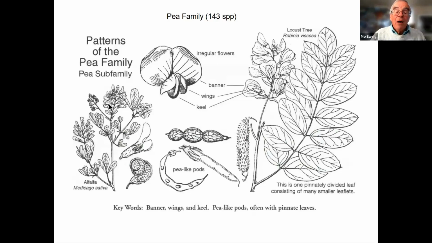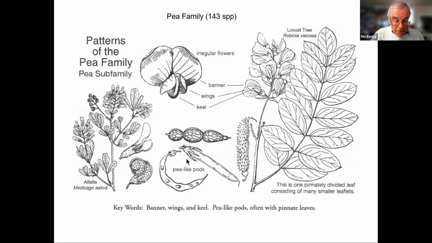And the flower always comes with a banner, which are these big petals up on the top here, and then little wings that are in the bottom underneath, and then a keel that sits between the two wings. That's banner, wings, and keel. And then the pea-like pods.